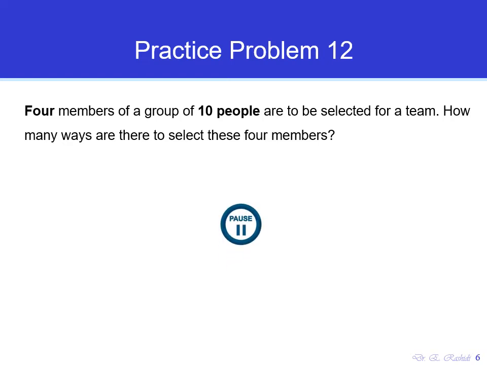So please pause, work on this problem, try to see which formula, which rule you should use, and after you solve it, come back to see the solution. All right, so let's see the solution. So here we have 10 different people, and we want to pick 4 people out of these 10 and put them in a group.